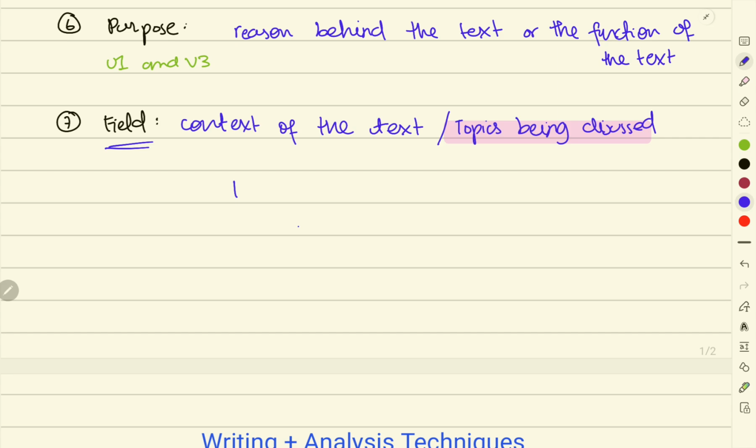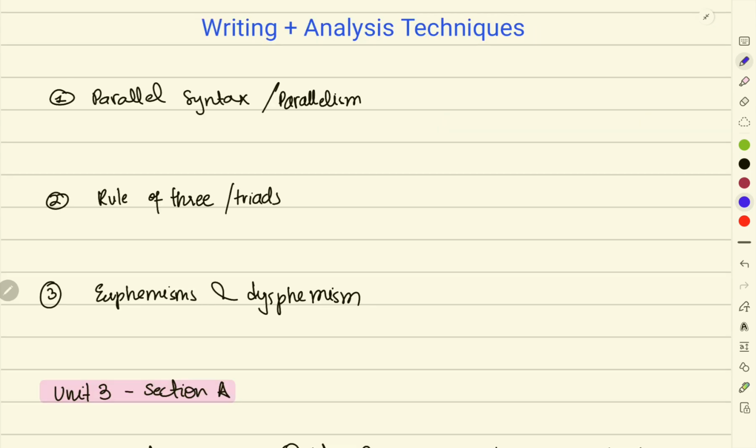Now we move on to some writing and analysis techniques, which are important for Unit 1, Section A, and the entire Unit 3. These are some techniques that you can use when you're composing your answer, when you're writing.